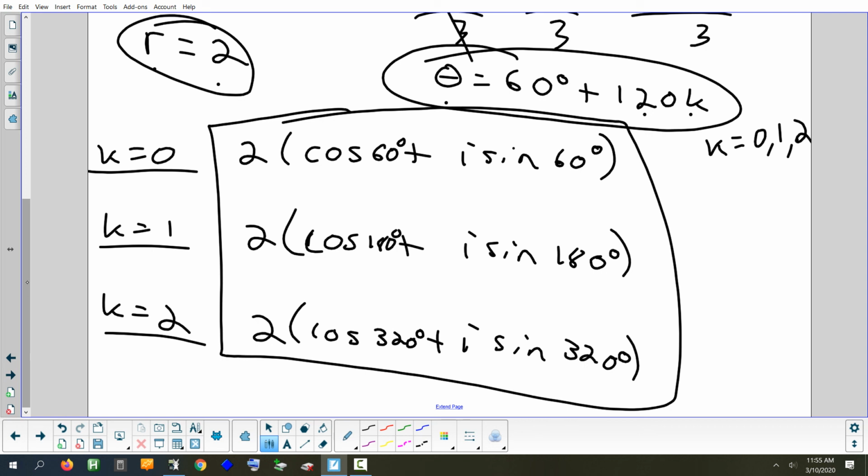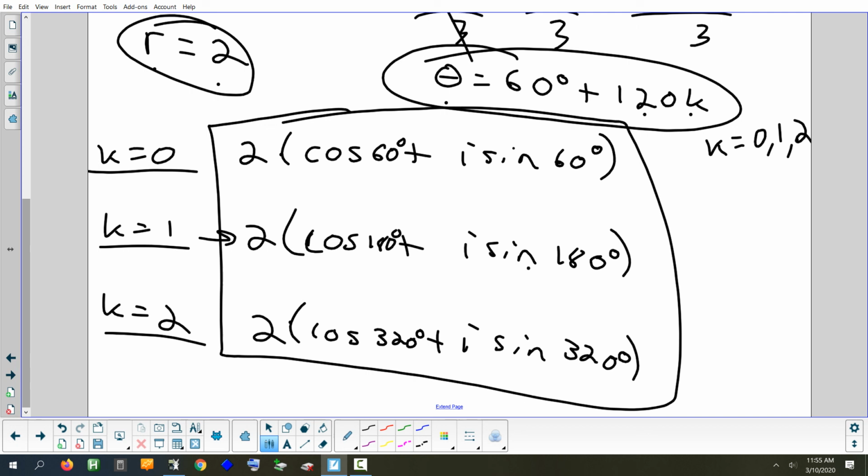So -2 is one of these answers. Which one is it? It's that one right there. If you did that out, the sine of 180 is 0, so that part would cancel. The cosine of 180 is -1. 2 times -1 is -2. These other 2 answers would be imaginary.